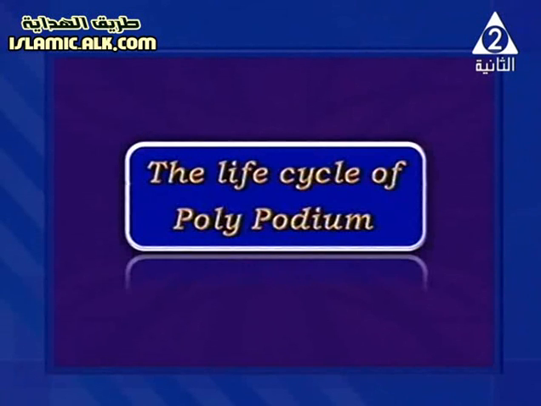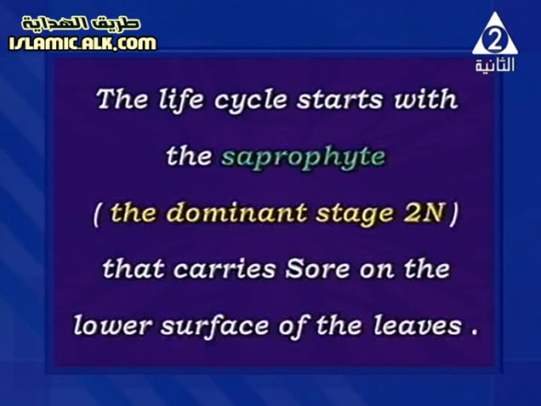Let's discuss number one, the life cycle of Polypodium. The life cycle starts with one of the phases, which is called the sporophyte. It's the dominant stage. Dominant means it's the somatic cells, the main part of the plant. The sporophyte carries a group of sori on the lower surface of the leaves.